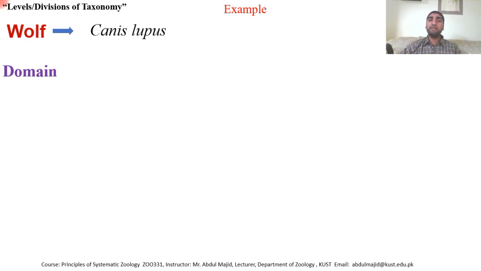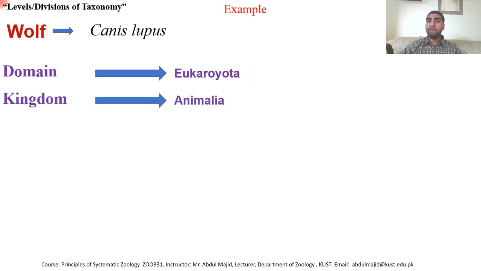You are studying at higher levels, and that is macrotaxonomy. So Canis lupus, or wolf, belongs to domain Eukaryota and kingdom Animalia, and it is the work of a taxonomist. The taxonomist places these identified species into higher categories, placing the wolf into domain Eukaryota and kingdom Animalia on the basis of characteristics.